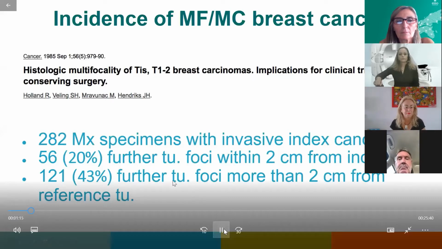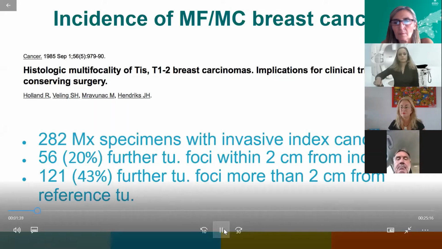They analyzed 282 mastectomy specimens with invasive index tumors, T1, T2 in size, and saw that in 20% of cases there were further tumor foci within 2 centimeters of the index tumor, and in 43% of cases there were further tumors located more than 2 centimeters from the reference tumor.